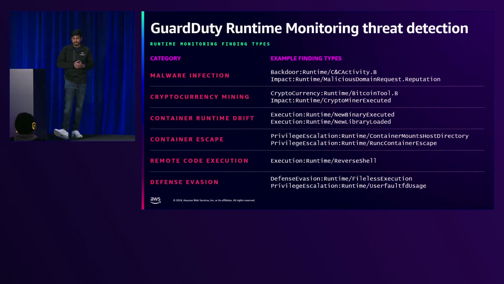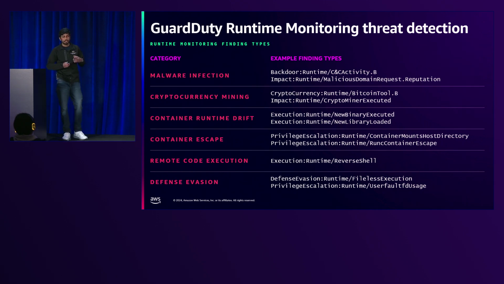Amazon GuardDuty ECS runtime monitoring helps detect runtime events such as file access, process execution, and network connections that might indicate security threats. It checks hundreds of threat vectors and indicators and can produce over 30 different finding types. For example, it can detect malware infection, cryptocurrency mining, and container runtime drift.